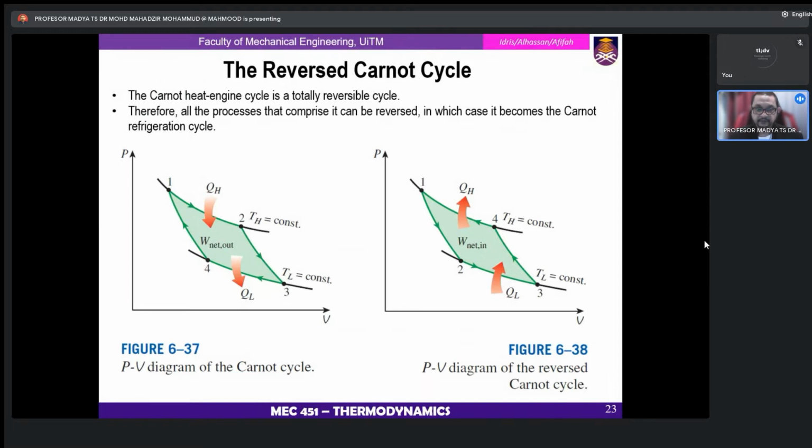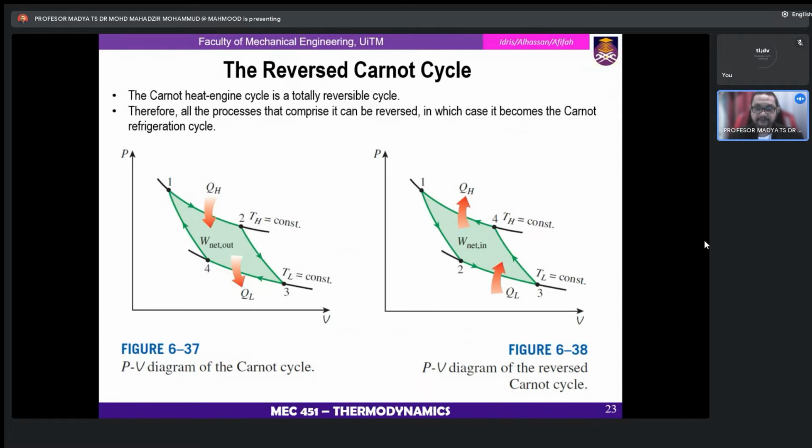When you look at these two situations, what happens at the left is that the heat comes from the hot source to the low one, but on the right side, we provide heat from low temperature to high temperature.